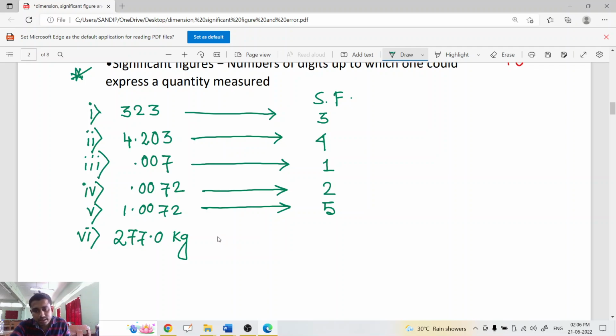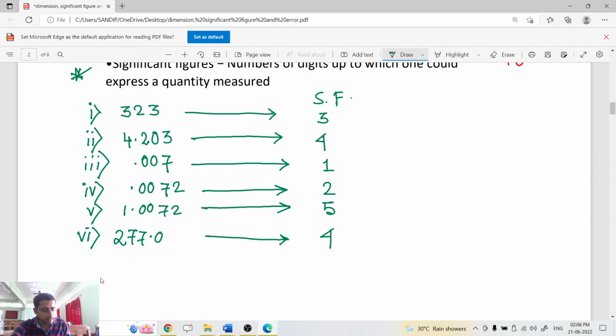Here you can take only 4. So here you take 4 significant figures. Even if kg is not mentioned, you take 277.0. So this is very important.